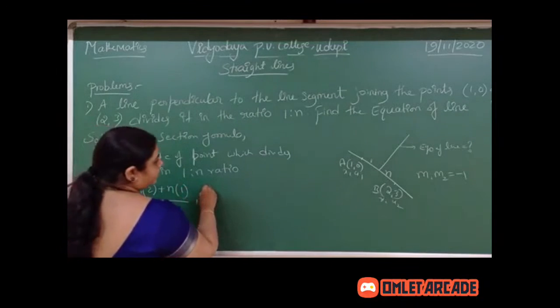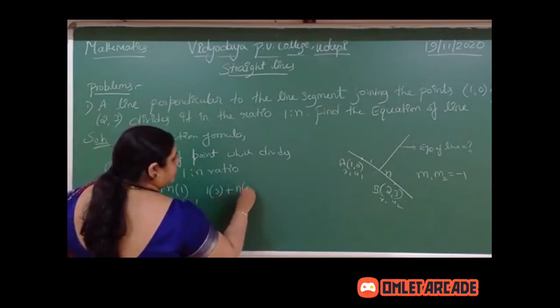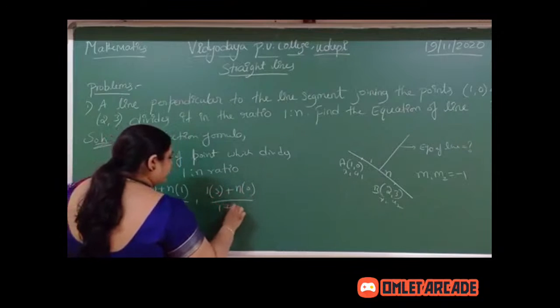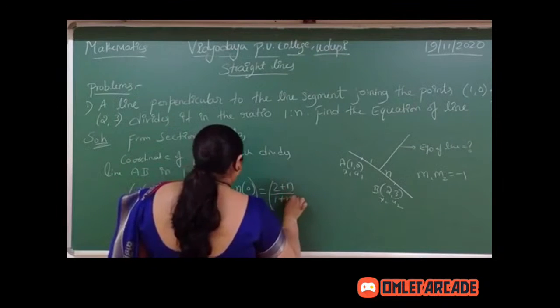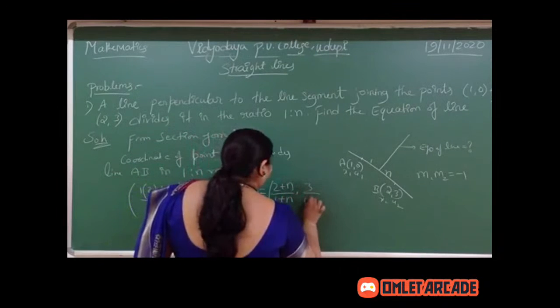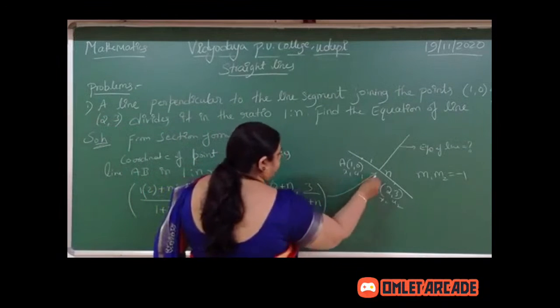Next is m y2, which is 3, plus n y1 which is 0, divided by 1 plus n. So it is (2 plus n) divided by (1 plus n), and this is 3 by (1 plus n). This is the coordinate of this point.